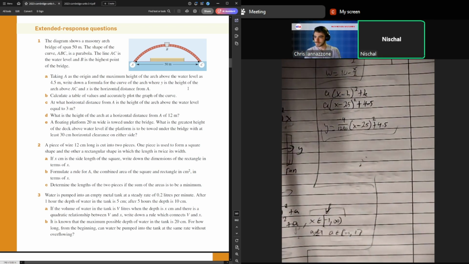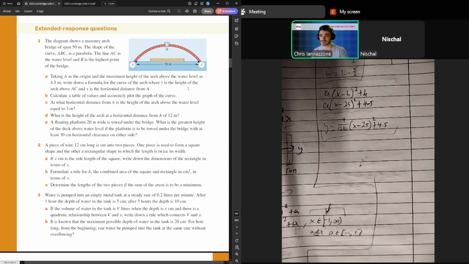Cool. So for B, creating a table of values. When it's asking for the graph of the curve, that just means drawing what they drew out in that image. That's a very poor question, I would say. Calculate a table of values and accurately plot could all be simplified down to just plot the curve.